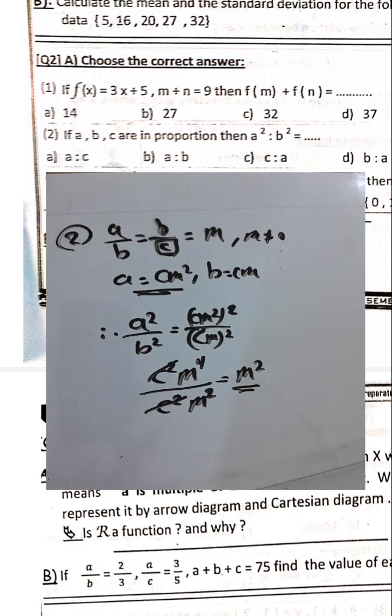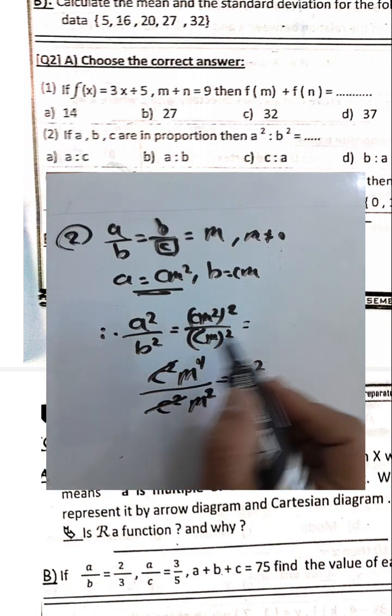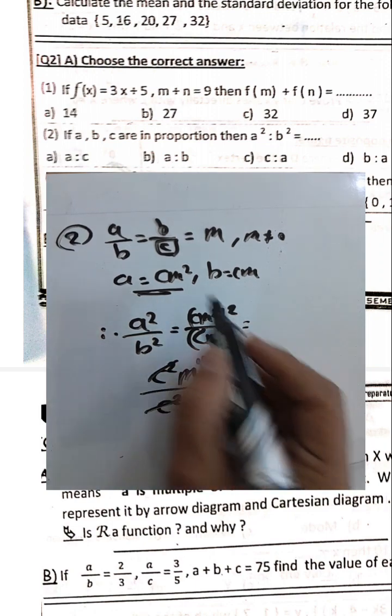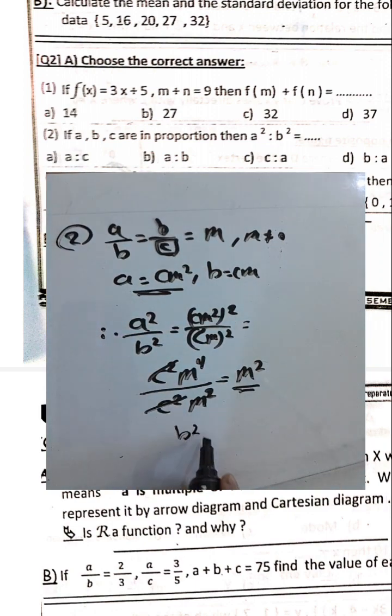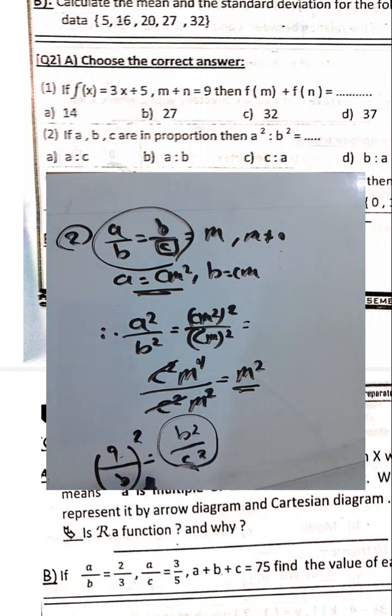Is it A over C or A over B or C over A? Okay, we can find the result here about A squared over B squared. It will be B squared over C squared, because A over B was equal B over C, then A squared over B squared will be B squared over C squared.